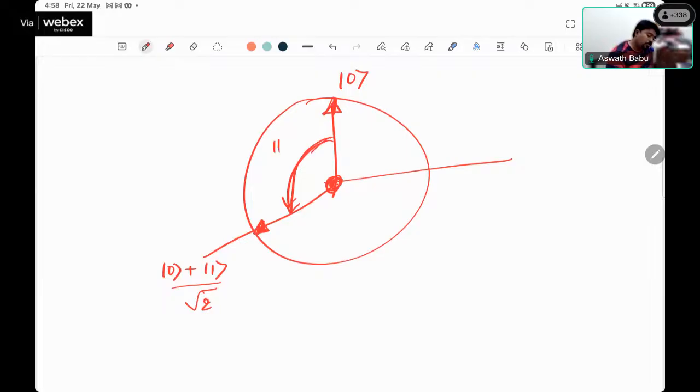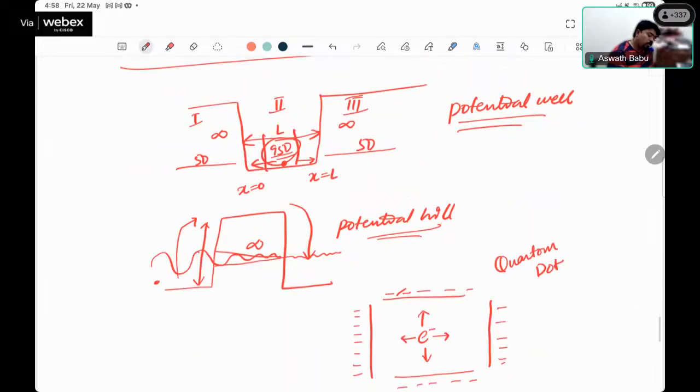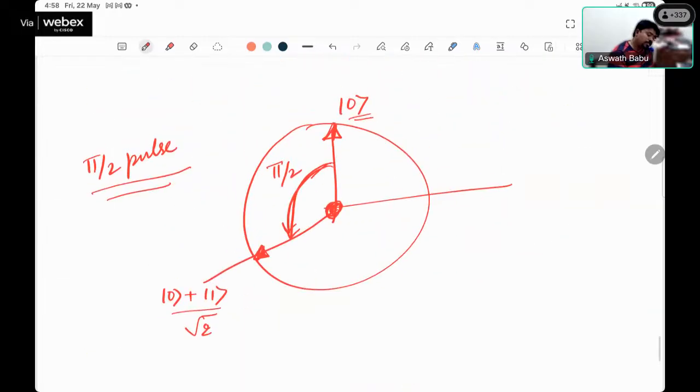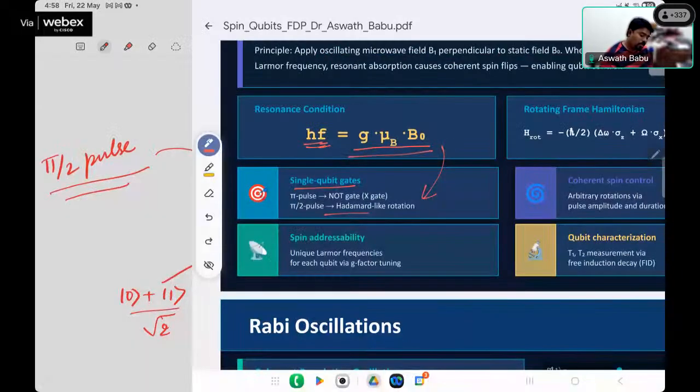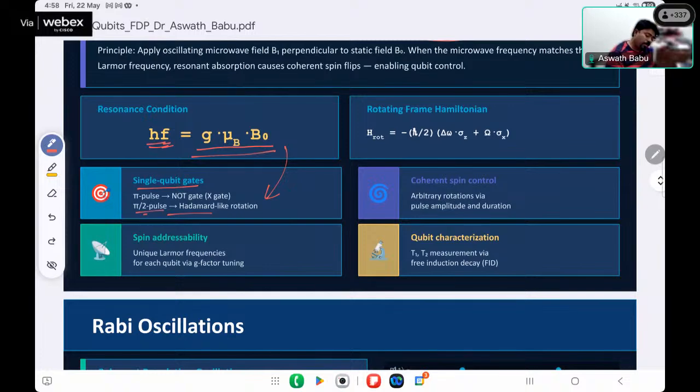How much angle should I rotate? Pi by 2 angle. So there is something called a pi by 2 pulse, applied to a qubit or quantum state in the zero state to become a superposition state. This is a pi by 2 pulse for you. That is called the Hadamard gate. A pi by 2 pulse is a Hadamard rotation.